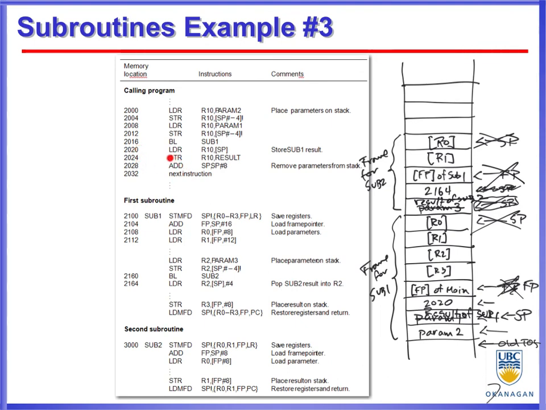So the next thing, up here at 2020, we're going to load register R10 with whatever the stack pointer is pointing to. The stack pointer is pointing to the result of sub 1. So we're going to take that result off of the stack and put it in R10, and store it at some other memory address called result.